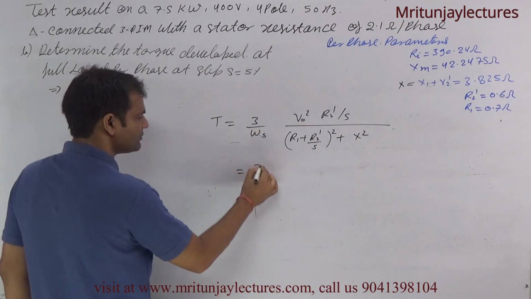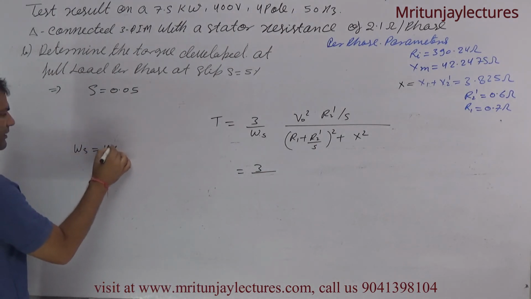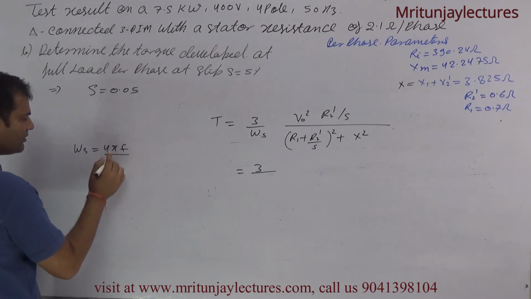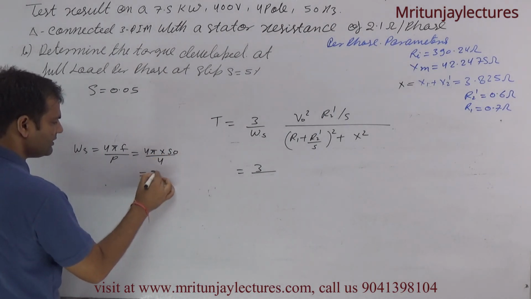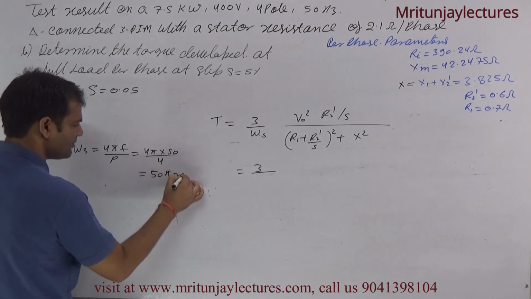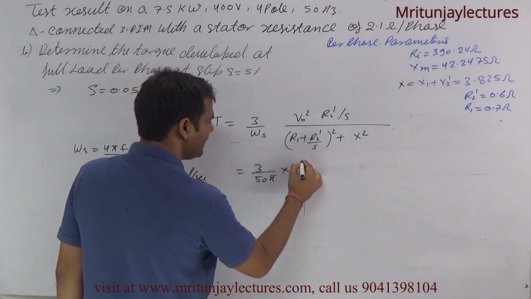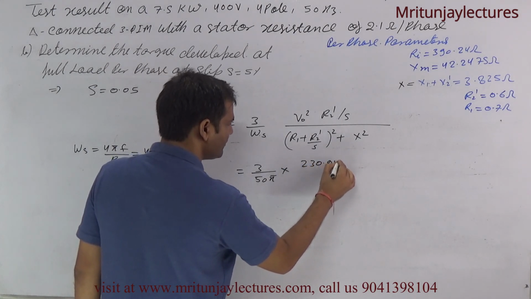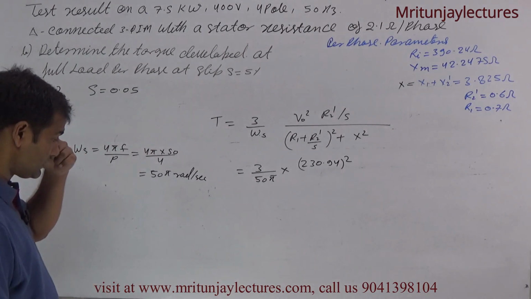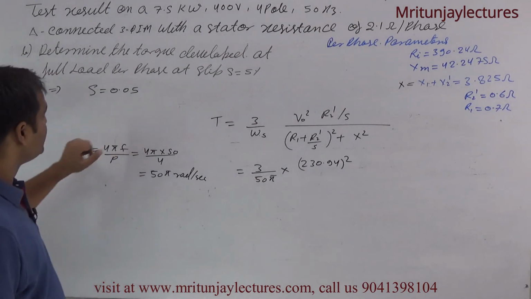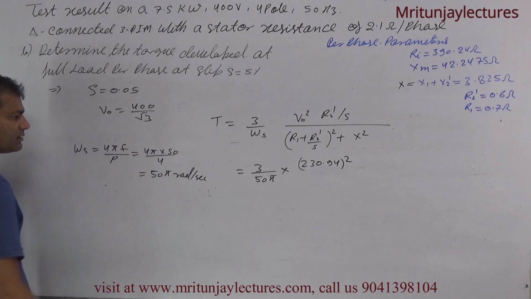Clear? So 3 upon omega s I have already done, that is 4 pi f divided by p, that is 4 pi 50, that is 50 pi radian per second. And 230.94 to the whole square, V naught means 400 divided by root 3, per phase voltage.